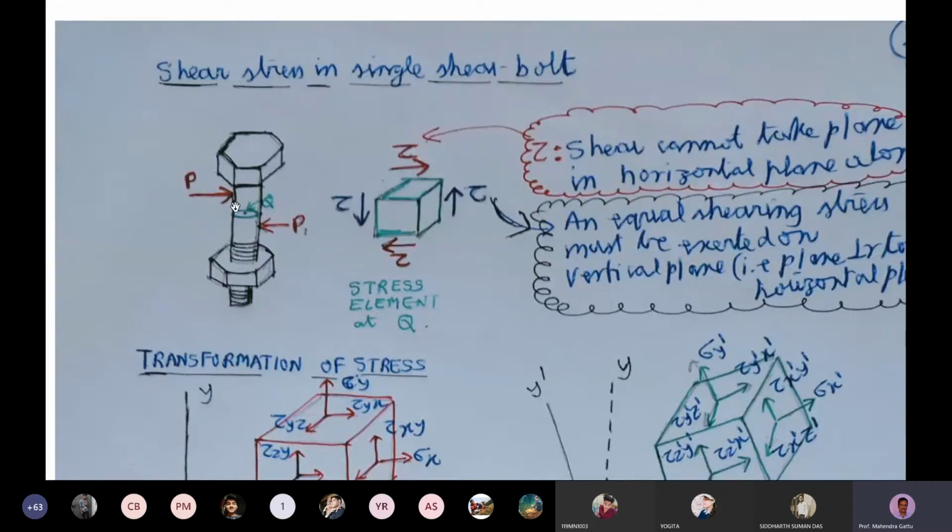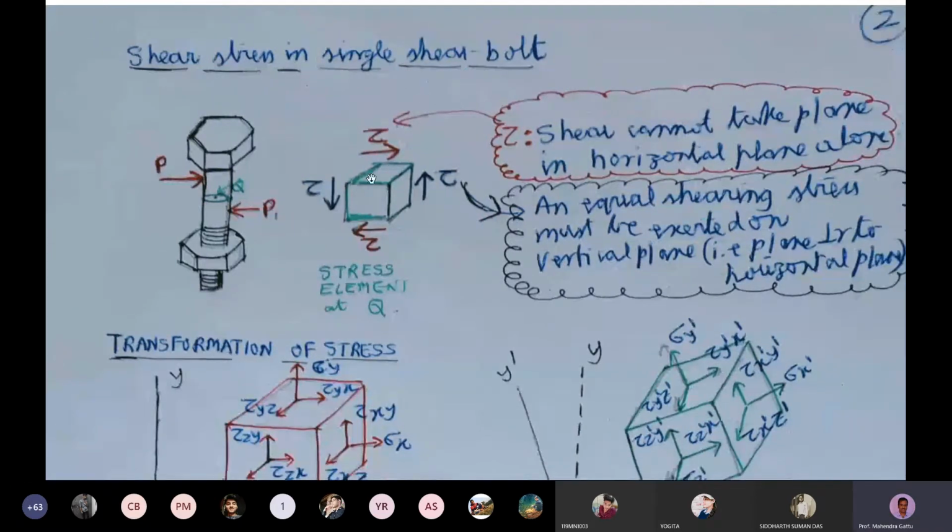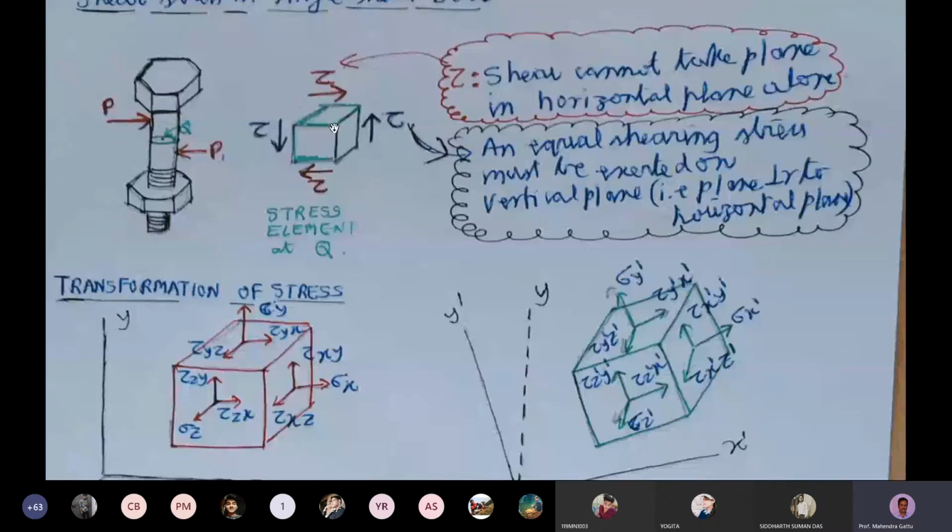So whenever you see this kind of problem, it means that there is not only horizontal shear stress but also shear stress in the vertical direction. So this is the state of pure shear, and both the force equilibrium and moment equilibrium are satisfied.